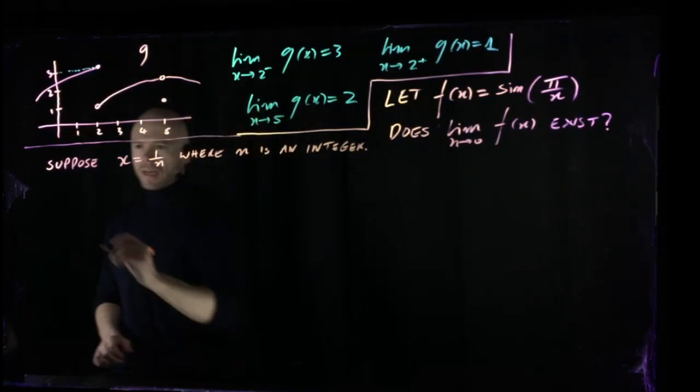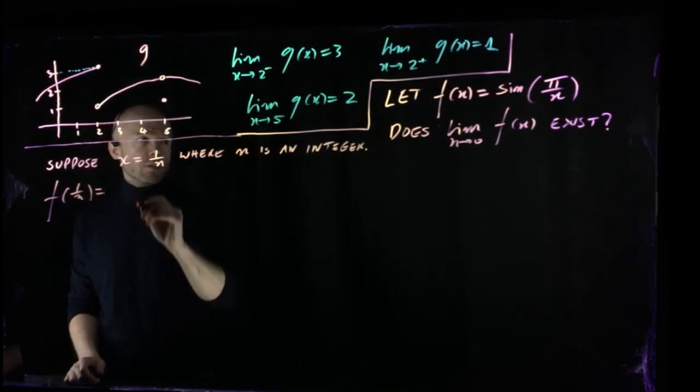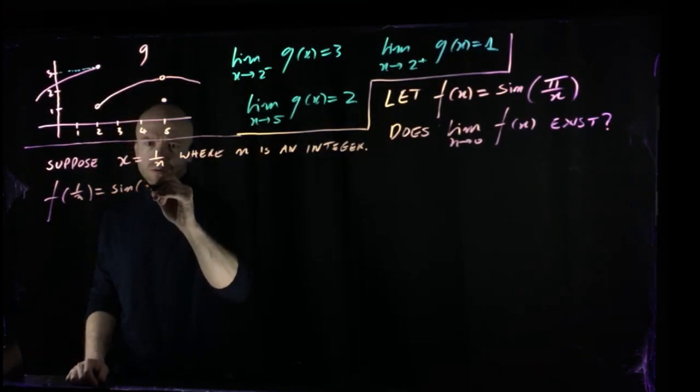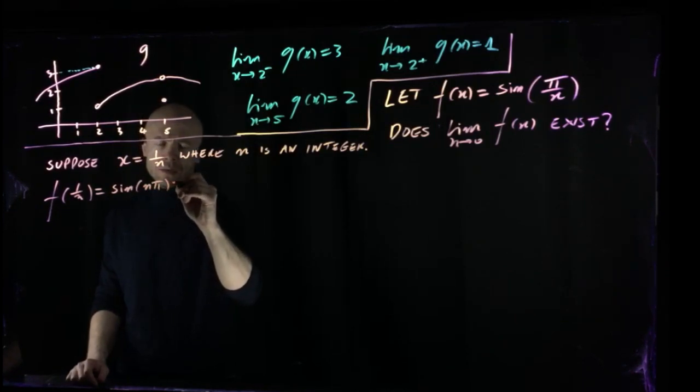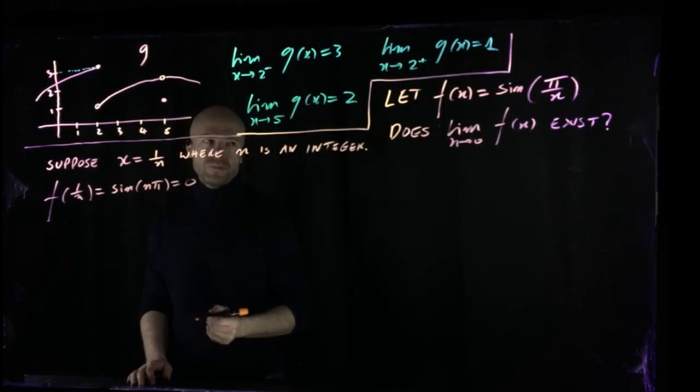What happens? Then we're going to have f of 1 over n is equal to sine of n times pi, which you guys all know is 0 for every n, right?